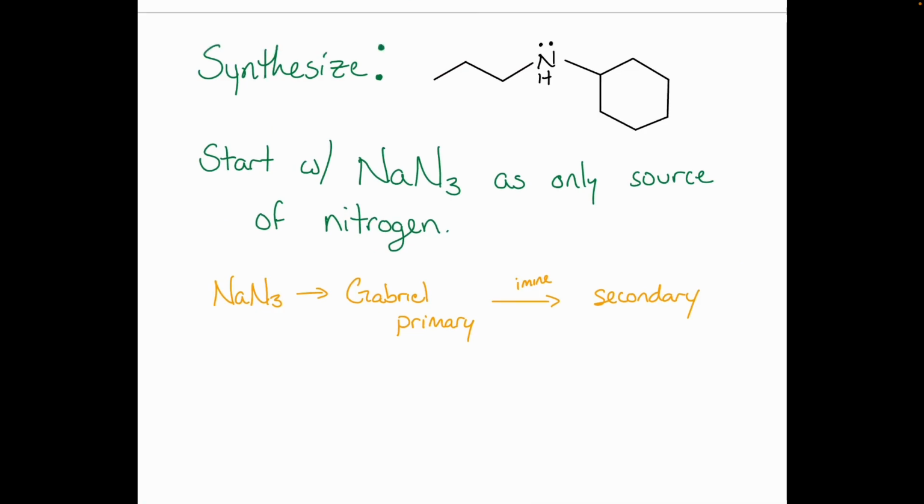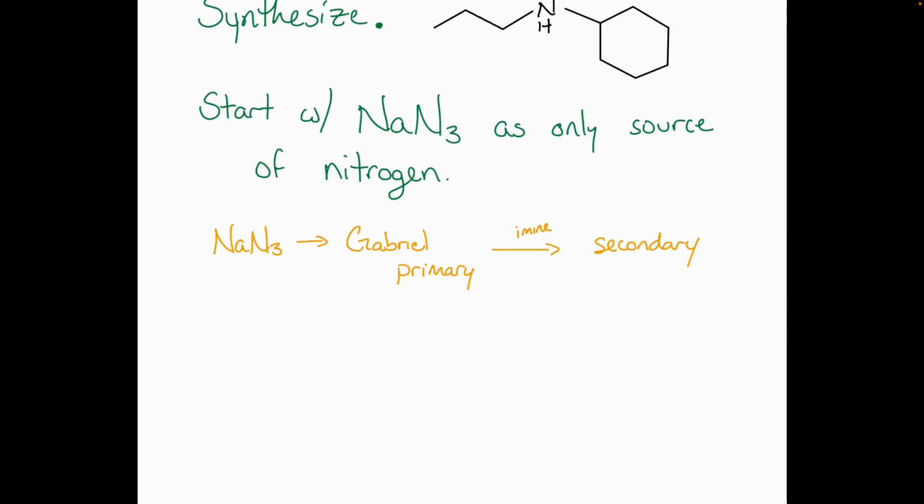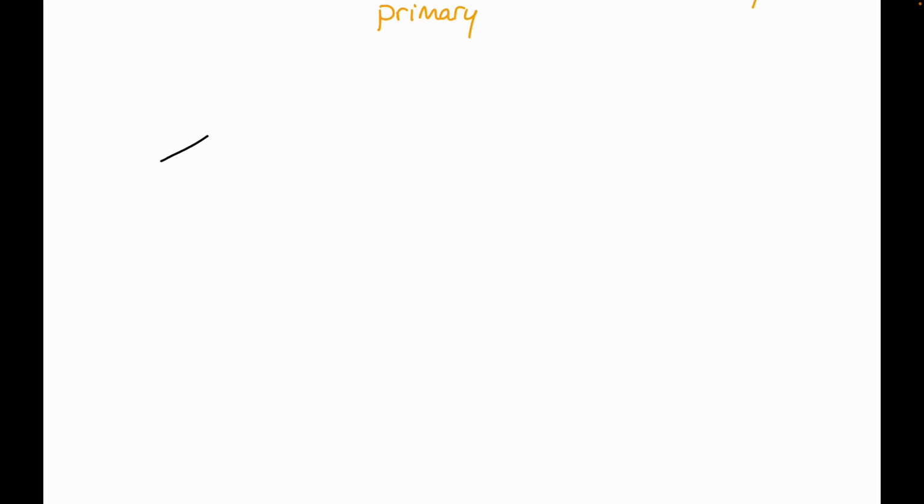All right, cool. So I'm going to create a primary amine first. I got these two different alkyl groups on there. All right, so there would be, in theory, two first steps that we could do here. Either we could use that 3-carbon propyl group as our alkyl halide, then do our Gabriel amine synthesis.